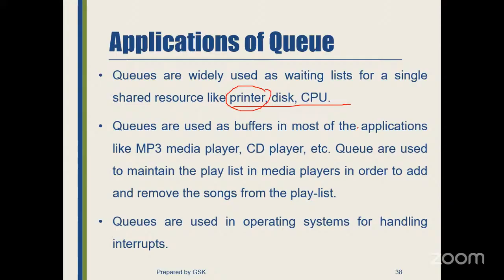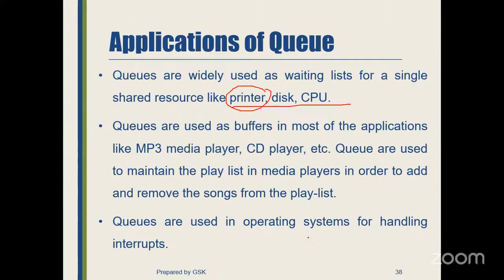So in real time also, whenever you are listening to music with the help of any media player, if you want to add songs to that player, if you want to create your playlist, or directly add any tracks, any music files to the media player, you can observe that the media player also maintains the queue. The first added track will be played first. Okay. So that also maintains a queue data structure internally.